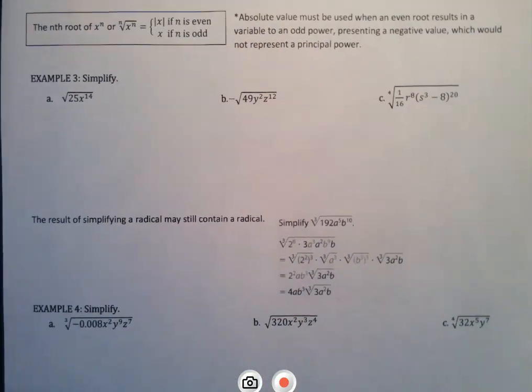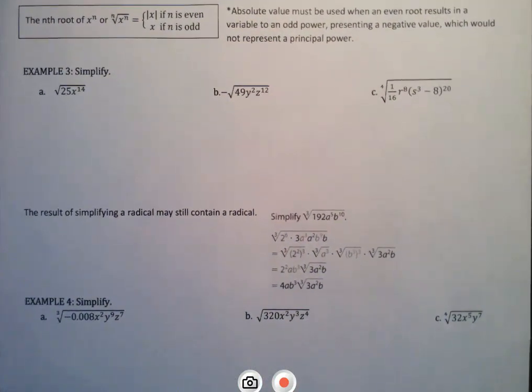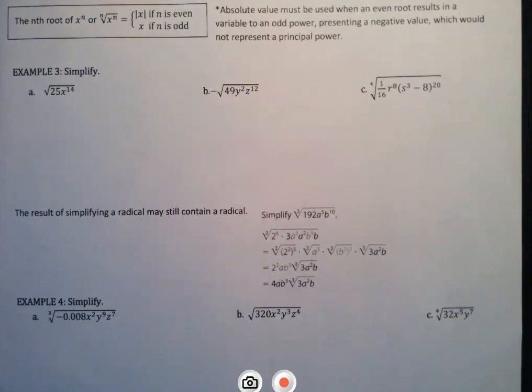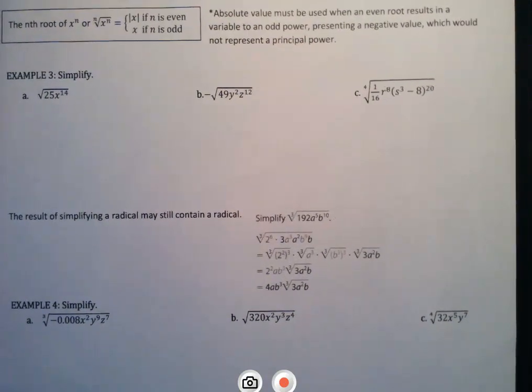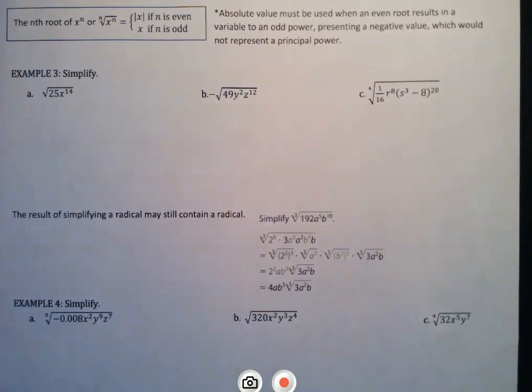All right. So then we've got the nth root of x to the n. Yeah, there it goes. Okay. Or we've got it here as the nth root of x to the n is the same thing.